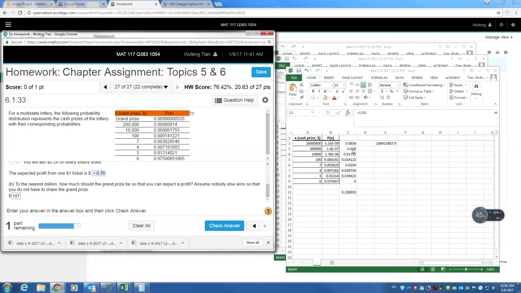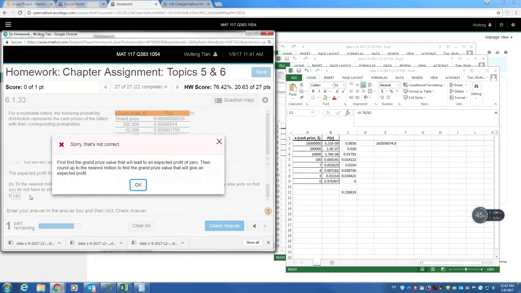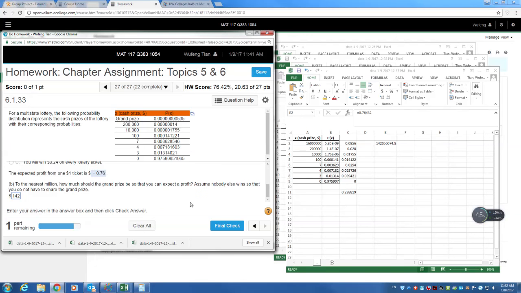Okay, I should use 0.76 divided by this number because you win the rest as well. 142, 142 million. No? Okay. Because to the nearest million, how much should the grand prize be so that you can expect a profit, assuming nobody else wins? You don't share this one.